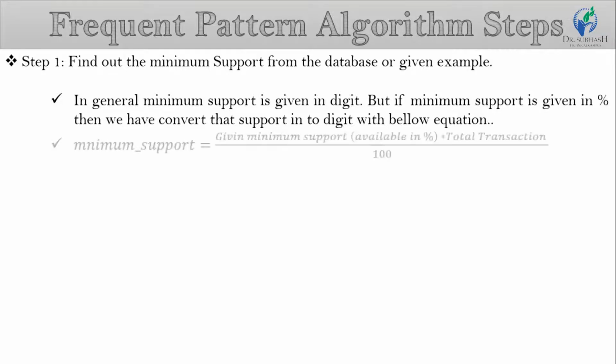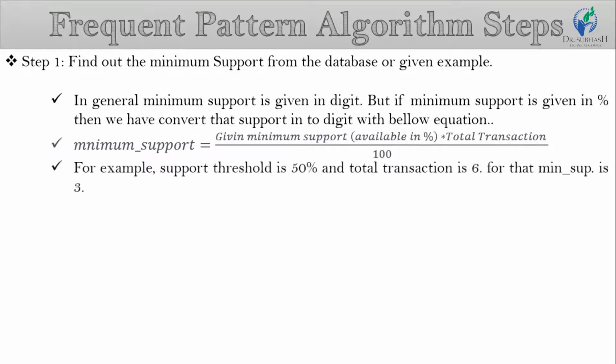The equation is: minimum support is equal to the given minimum support, which is available in percentage, times total transactions, divided by 100. For example, the support threshold is 50 percent and total transactions is 6. So put this support threshold and total transactions into the equation. So we find the minimum support is 3.